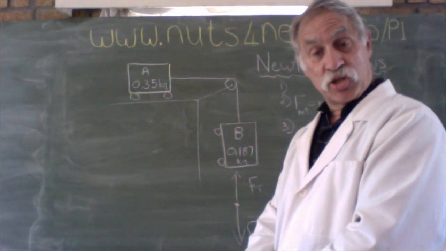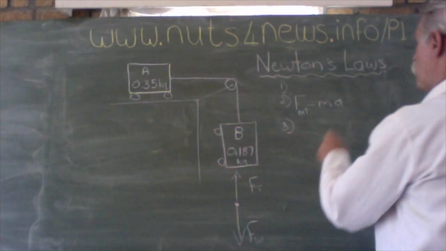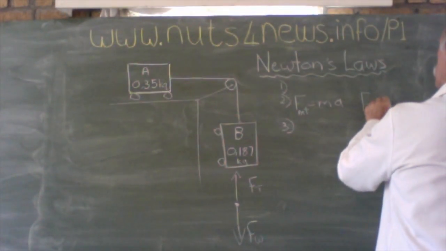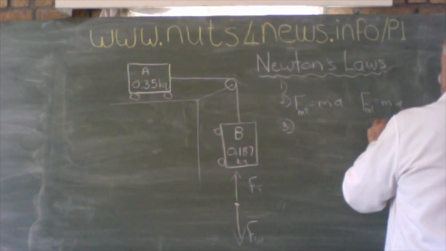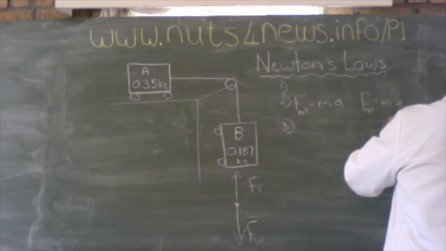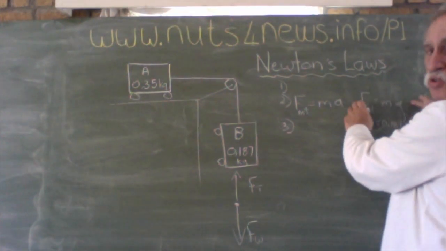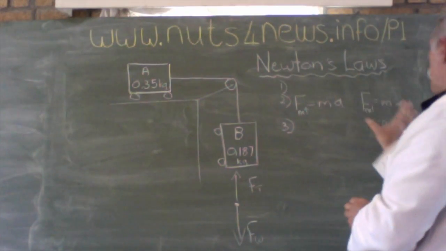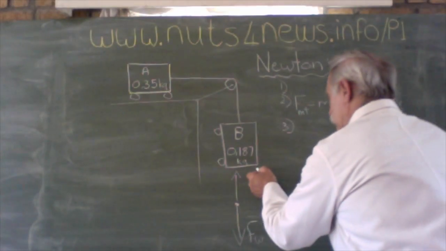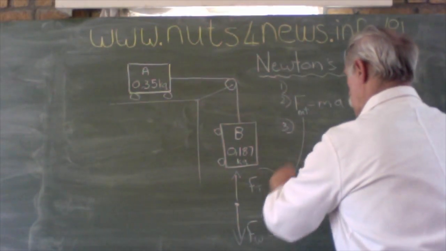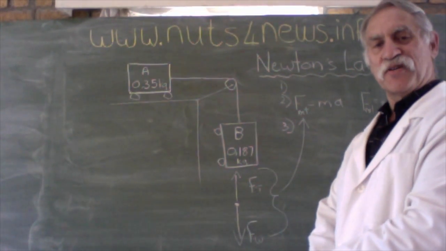And again, that is also a special case of Newton's second law, because to turn mass into a weight, we say force equals mg. And the mass here is 0.187 times 9.8, that's the acceleration due to gravity. So it's a special case of Newton 2. So this formula is a special case, and we use this formula to calculate the weight. And then the net force, when we add those two, we'll be able to calculate the tension in the string.